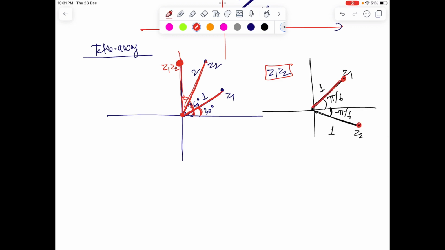What is their product? So multiply the distance 1 into 1 and add the angle. So if you add pi by 6 and minus pi by 6, it's going to be 0. So with respect to the x-axis, it's making 0 angle. So your final z1 z2 is lying on this axis, and the product is 1 into 1 which is 1 still. So finally z1 z2 is exactly here.